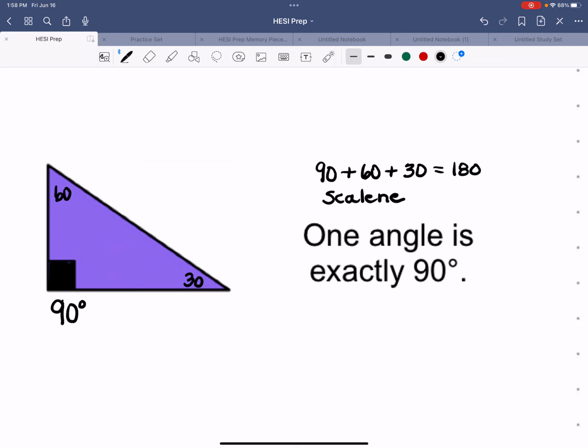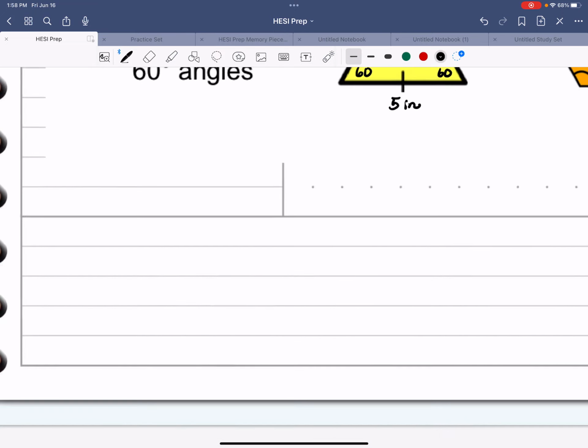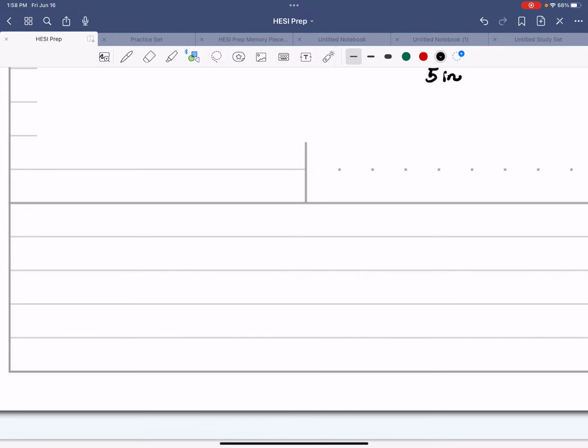You can also very commonly have right isosceles, and I'll show you one of those. Let's come down to the bottom of the page here, and let me draw you a right isosceles. So if it's right, it has to be perpendicular in this angle. And I overshot just a little bit. So this is 90 degrees. And then this, let me patch it up there a little bit, would look like this.